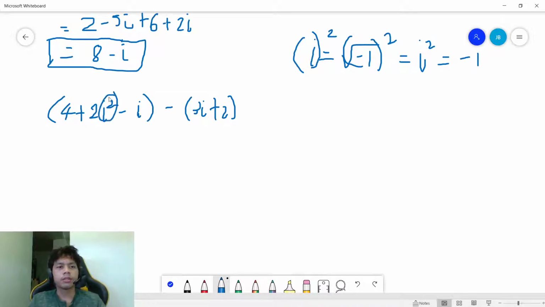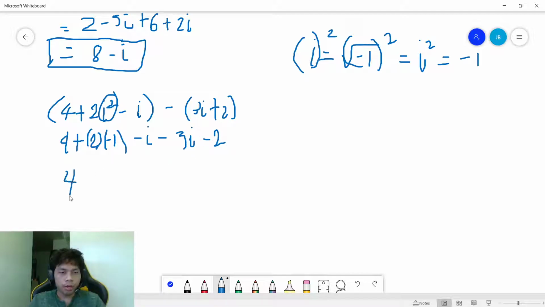Therefore, this right here would be equal to 2 times negative 1 minus i minus 3i minus 2. Okay, so that's 4 minus 2, since this is negative 2, right? Minus i minus 3i minus 2.